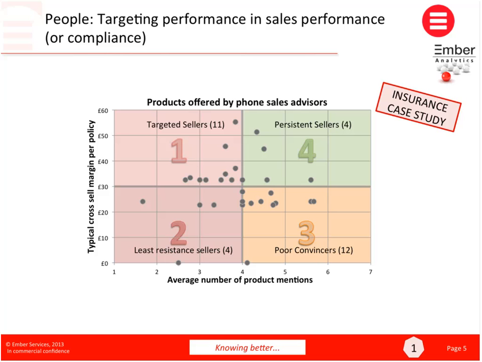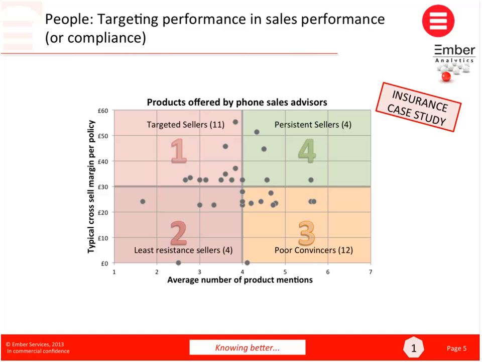So what that showed us is clearly that there was a fairly wide distribution of performance, and we categorized them in these 4 boxes. The targeted sellers, sitting in the top left corner, didn't mention many products in their calls, but actually had quite good cross-sell margins.